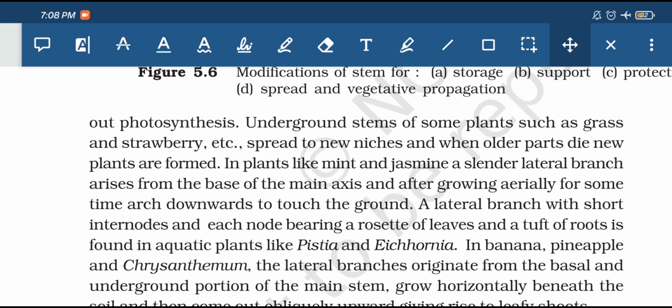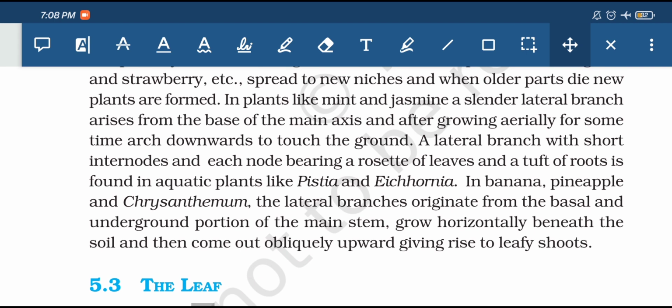In banana and pineapple, the lateral branches originate from the basal and underground portion of the main stem, grow horizontally beneath the soil, and then come out obliquely upward, giving rise to leafy shoots.